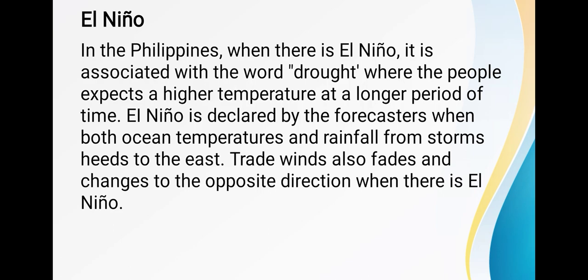Trade winds also fade and change to the opposite direction. So El Nino is associated with drought, or less water and more time for heat, more time for the sunny season.